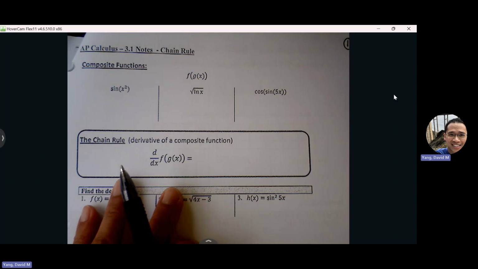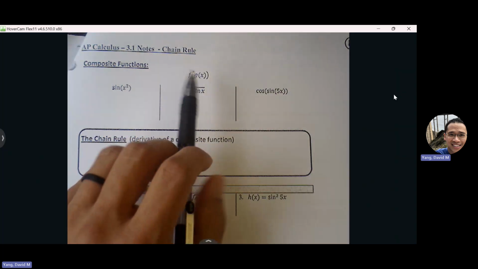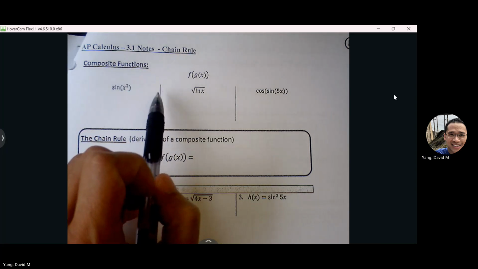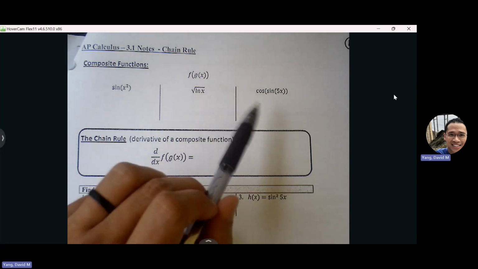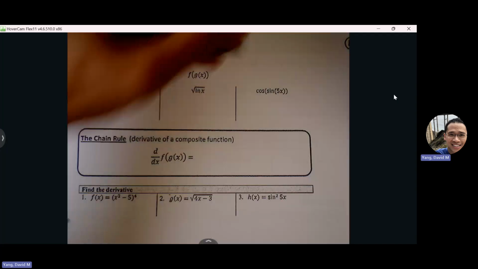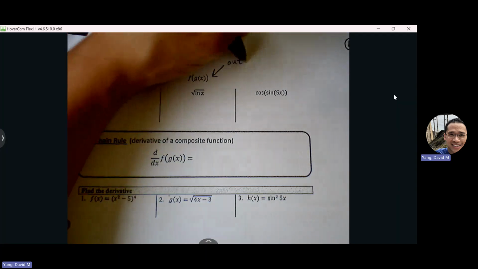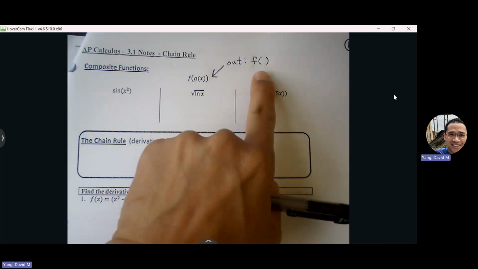So today's topic is chain rule, which deals with how to find the derivative if there's a function within a function, composite functions, like something like f of g of x. And I just want to start off by showing that these are composite functions because there's an outside portion and an inside portion. So in this notation here, my outside function is the f of x, or the f parentheses.